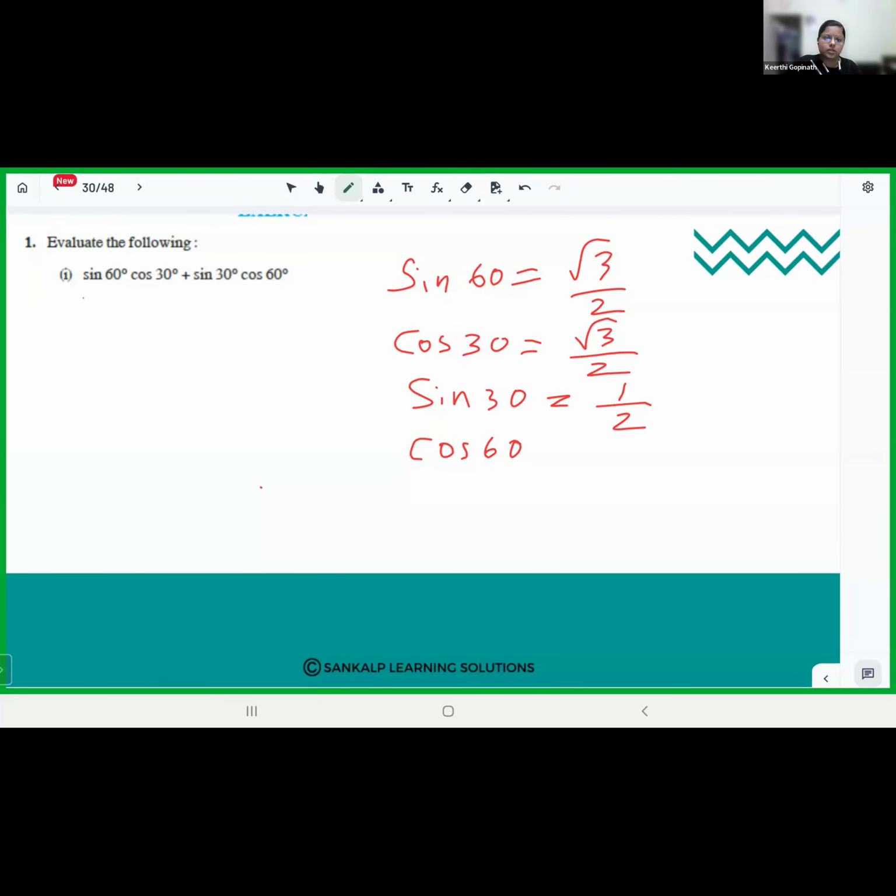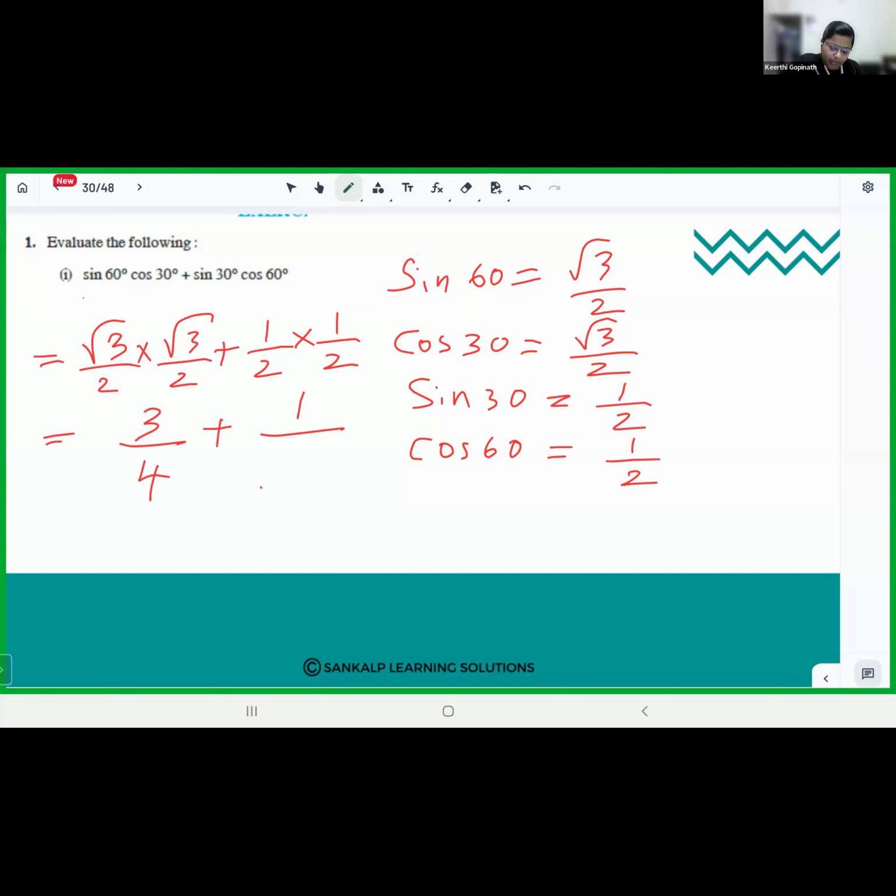So we have to find out this value. Just substitute all these values. That is root 3 by 2 into root 3 by 2 plus sine 30 is 1 by 2 and cos 60 is 1 by 2. So what will be the value? Root 3 into root 3 means 3. Numerator will become 3 and 2 into 2 will become 4, plus 1 into 1, numerator will become 1 and 2 into 2 will become 4.